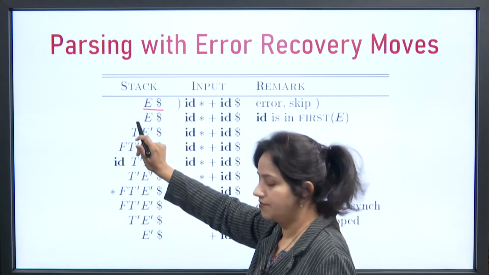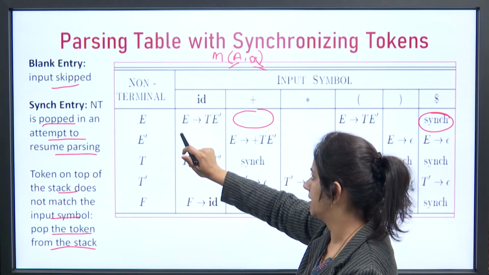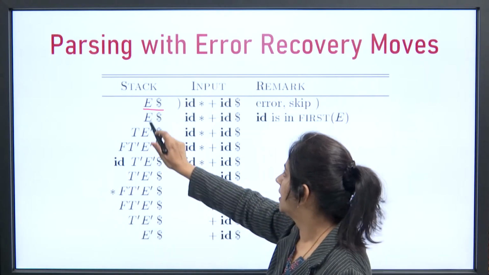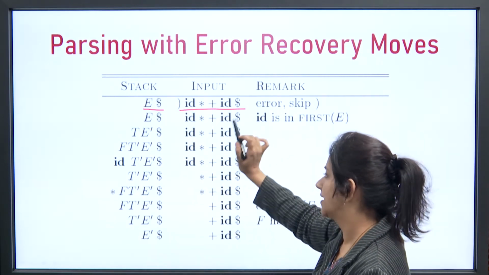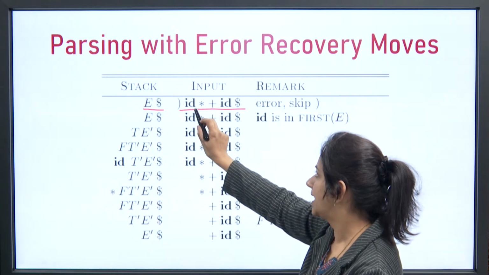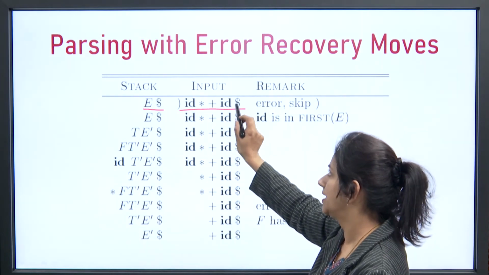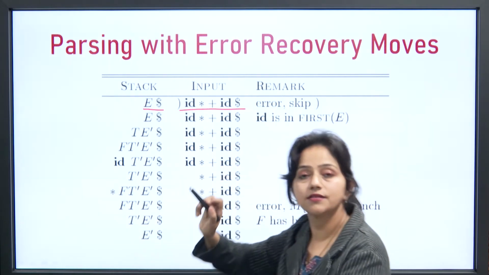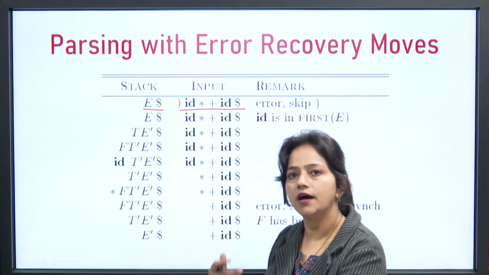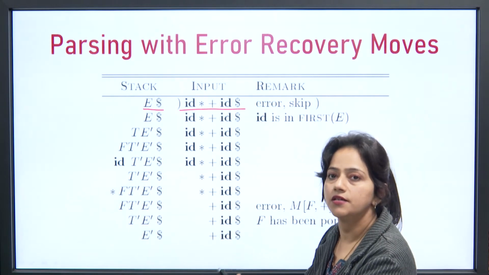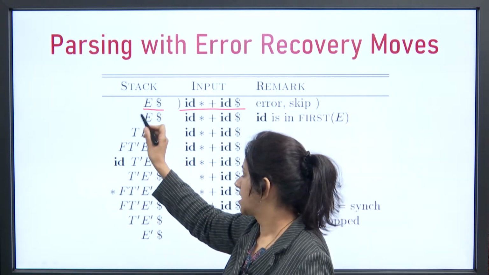Now, we will just focus on this table. Here the stack configuration is E and dollar and the input string is opening parenthesis, ID, multiplication, plus, ID, and dollar. We know that this is not satisfying the grammar, but we will see how the error recovery moves will take place here.